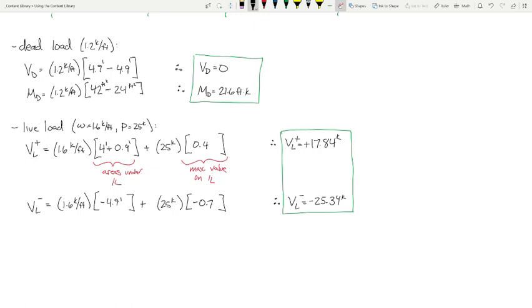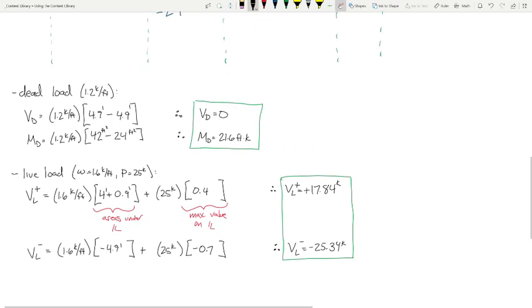It will always smile at you. Remember smiley face positive, frowny face negative, right? You cannot place a vertical load on a beam and make it frown. It won't work, right? So that's why this will always be 0. So I'm glad you pointed that out because you're right. That should be negative. Sound good?